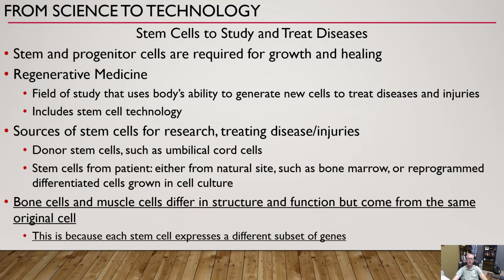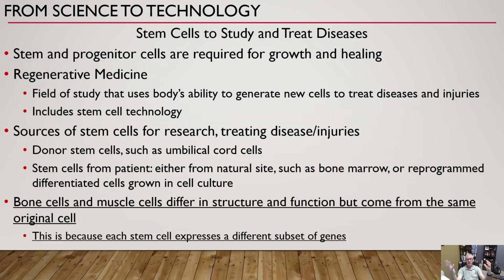All right, so we do use stem cells to study and treat disease, typically for regenerative medicine. Regenerative medicine basically is how we use the body's ability to generate new cells to treat diseases and injuries. Bone marrow transplants, or how do we use reprogrammed differentiated stem cells.